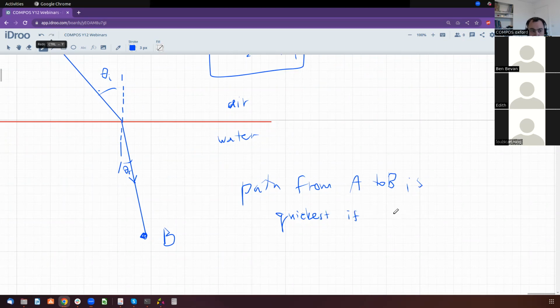So N1 sine theta 1 equals N2 sine theta 2.